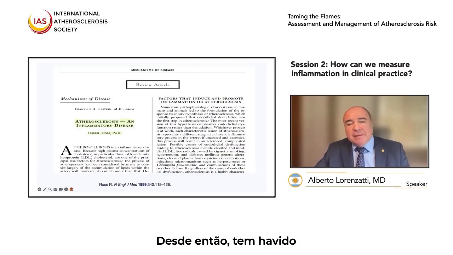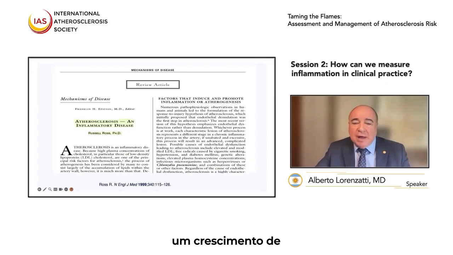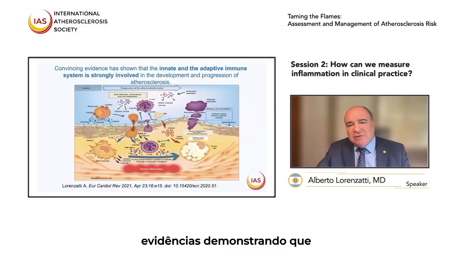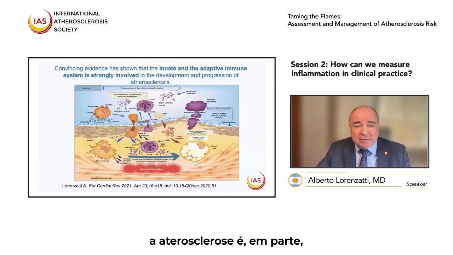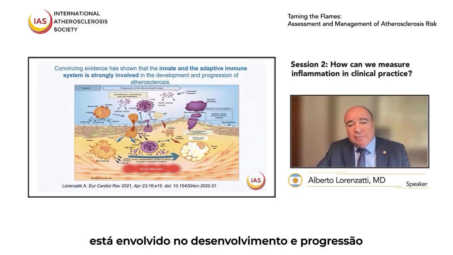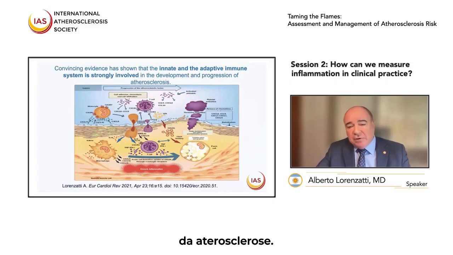Since then, a lot of information is showing us that convincing evidence has shown that atherosclerosis is, in part, an inflammatory disease. An immune, an innate system is involved in the development and progression of atherosclerosis.